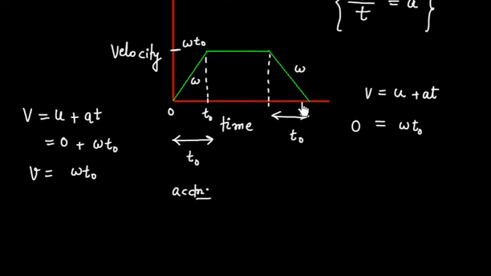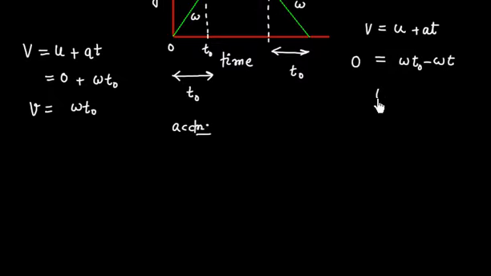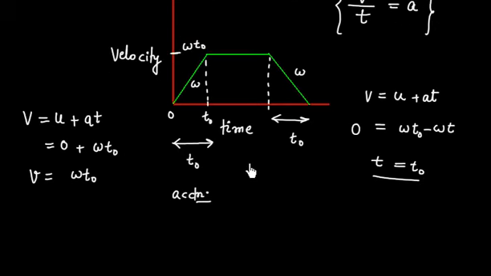Let us say this time interval is t. So from here you can prove this time t is equal to t naught. Are you getting or not? So this is time t naught, and the question also says the total journey requires a time tau. So this means this middle time interval is basically tau minus 2 t naught. I think all of you are able to understand this one.